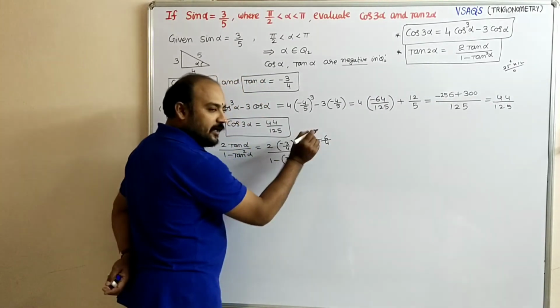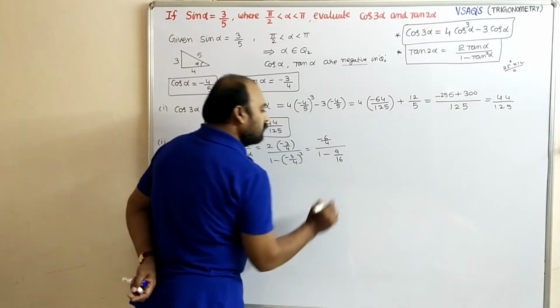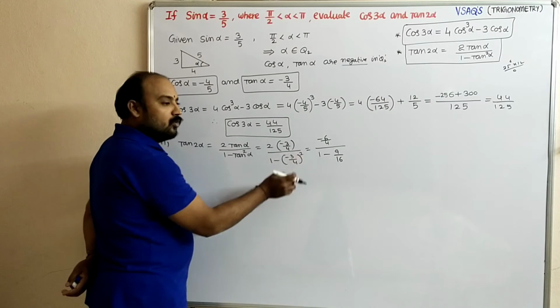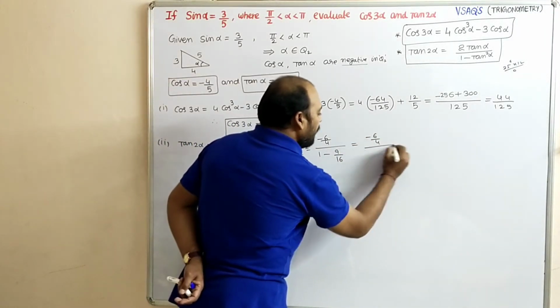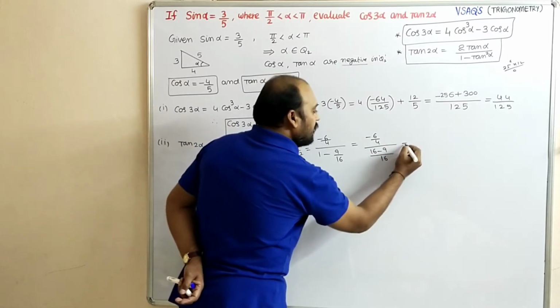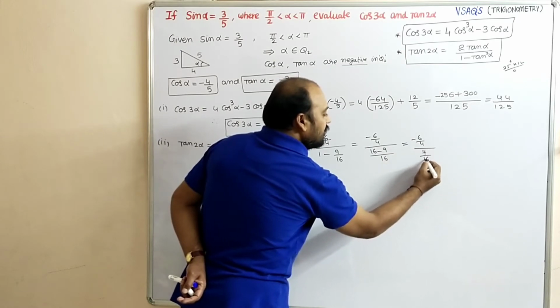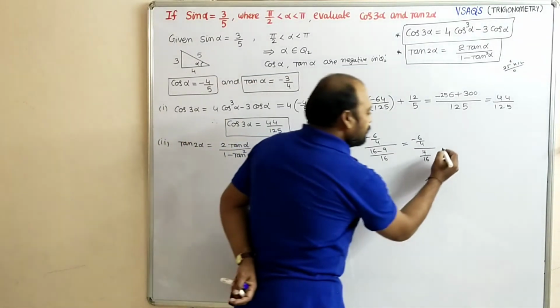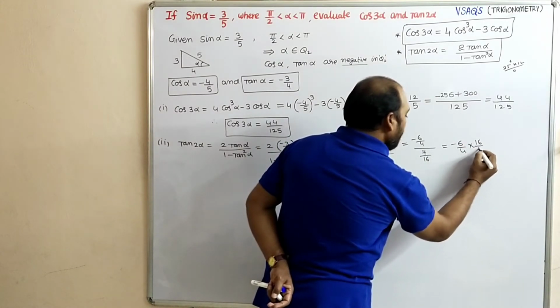I am not cancelling, directly I am writing, by 1 minus 9 by 16. So minus 6 by 4 whole divided by 16 minus 9 divided by 16. Minus 6 by 4 divided by 7 by 16, which is equal to minus 6 by 4 into 16 divided by 7.